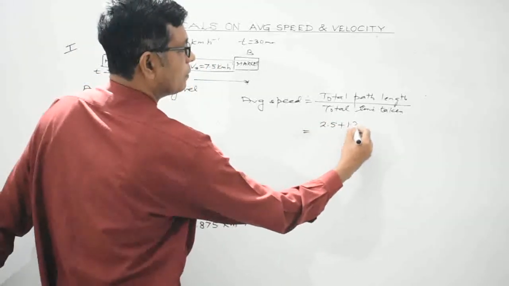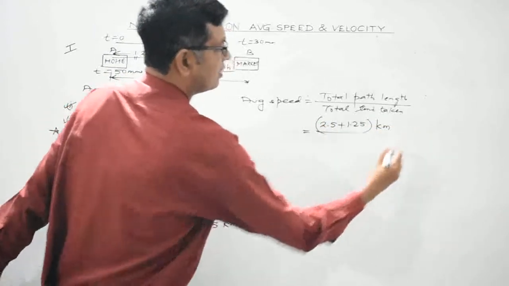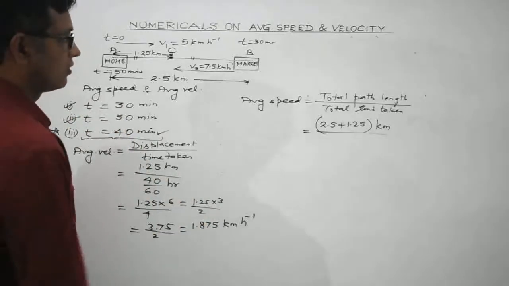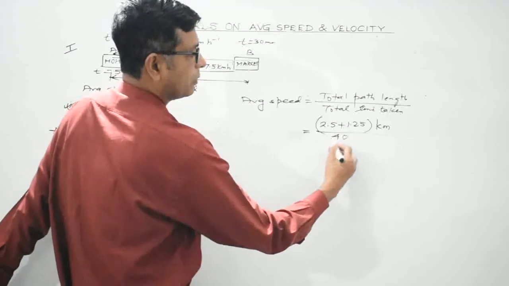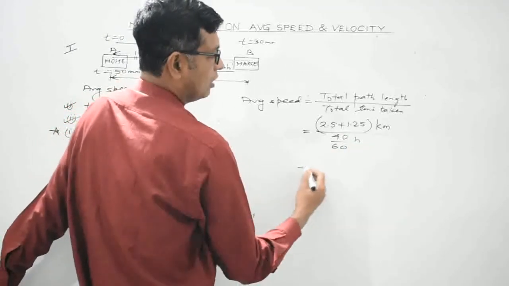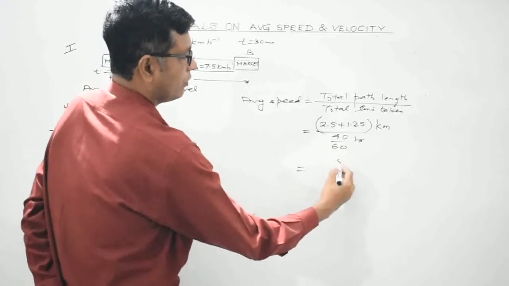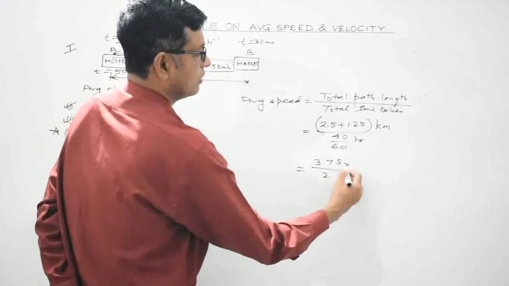2.5 plus 1.25 kilometer. This is the total path length of the person after 40 minutes, right? Total time taken is 40 minutes. 40 minutes in hour will be 40 by 60 hour. So you can easily convert it, right? So it will be 3.75 divided by 2 by 3.